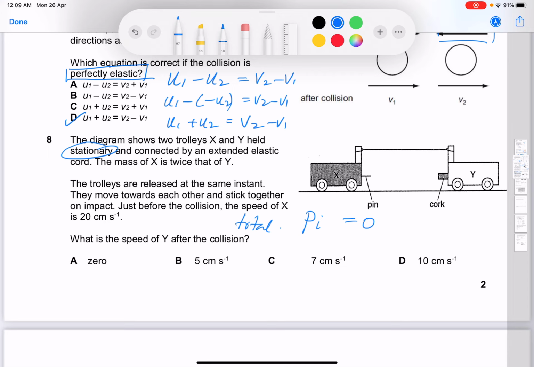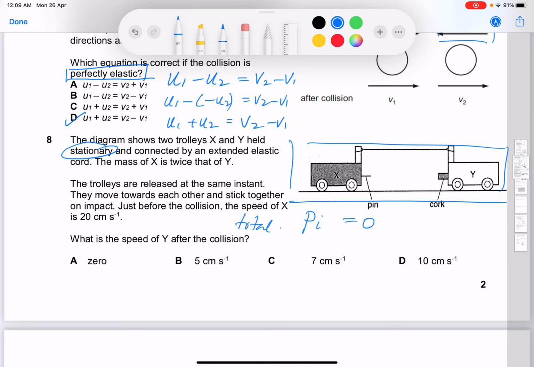Now, it doesn't matter what happened before, during or after the collision. By conservation of momentum, the momentum of the system, by system I mean both X and Y, must always be 0.